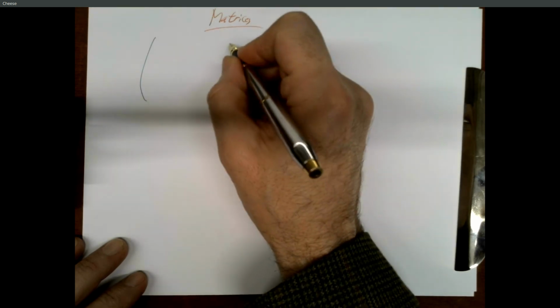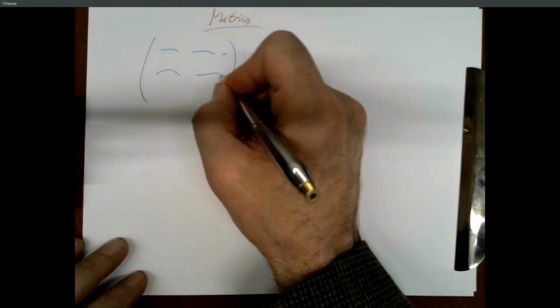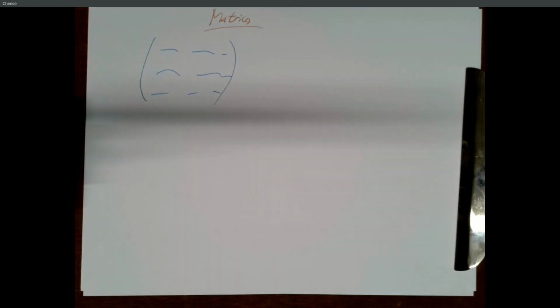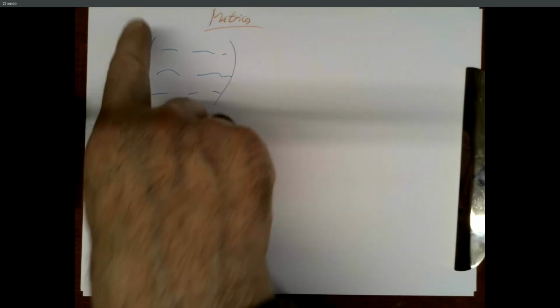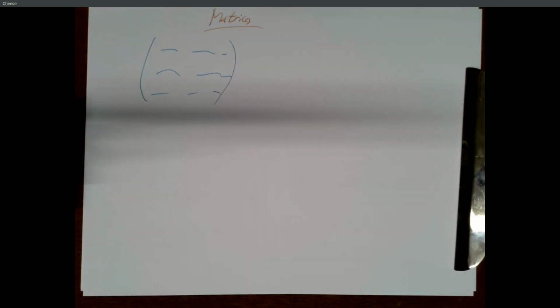So what's a matrix? It's just some big parentheses with some numbers written down. There's my formal definition. Usually 2-dimensional, right? And it could be 3 by 3, or it could be 2 by 6, or it could be 1 by 3, or it could be 1 by 1. Okay, but it's usually 2-dimensional.